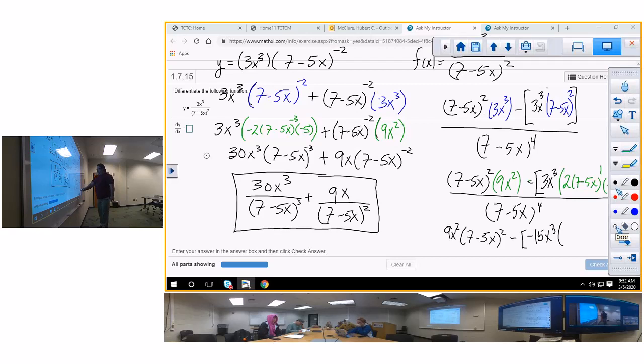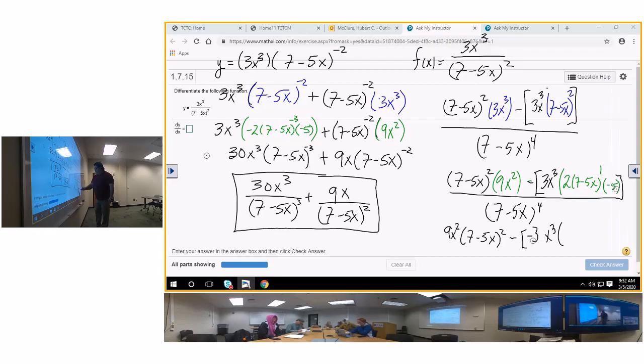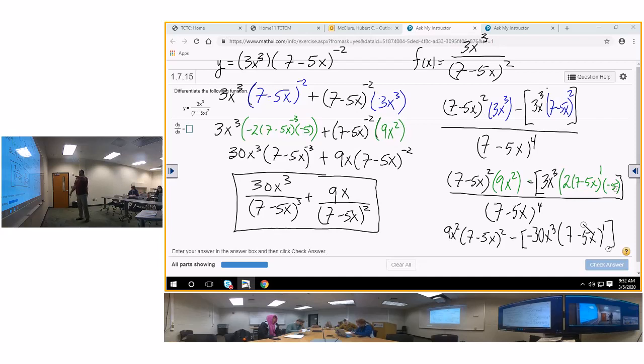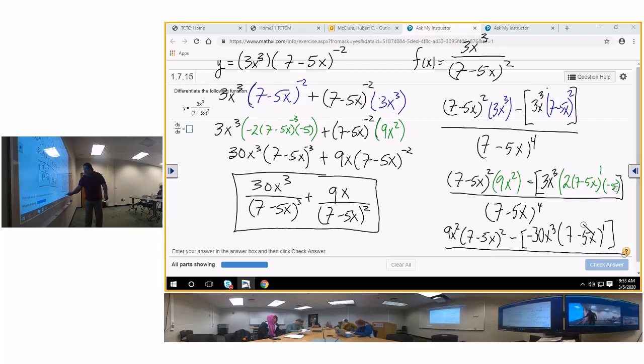And you see the 30 is starting to emerge. 30x cubed, (7 minus 5x) to the first, and we're going to factor out that (7 minus 5x) to the first, and it's going to cancel with that on the denominator and make the 7 minus 5x. So you're starting to see that you can get the same answer. So (7 minus 5x) to the fourth.